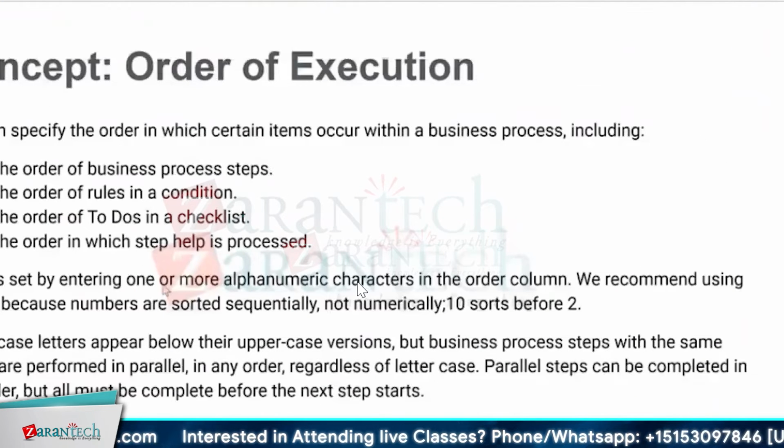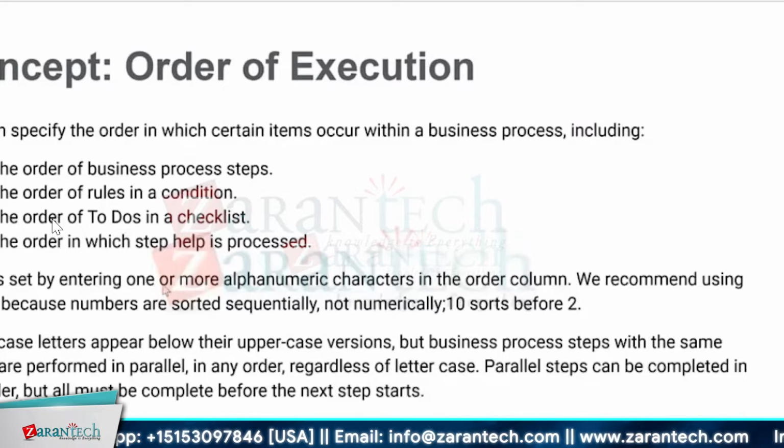Okay, so this order of execution is all listed in that slide, where you can have the order of the business process steps. You can have even the order of the rules in a condition, and we'll go through that. You can have the order of to-dos in a checklist and the order in which step help is processed.